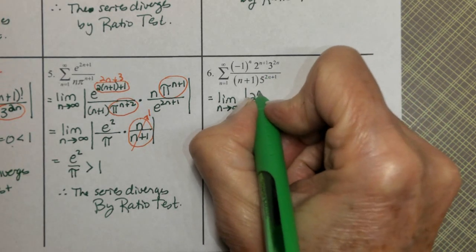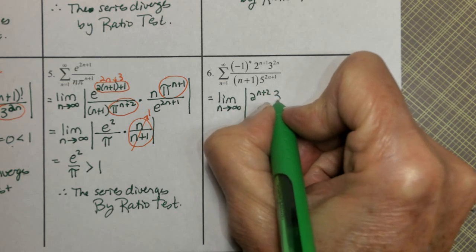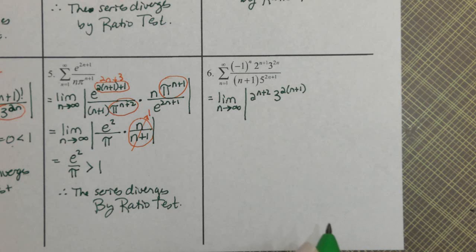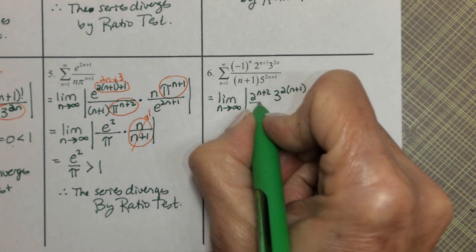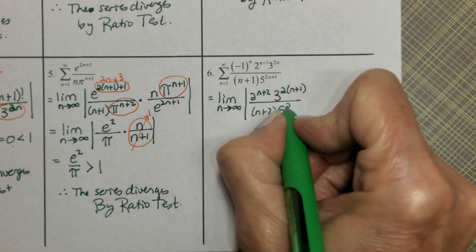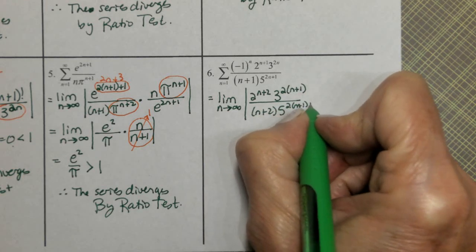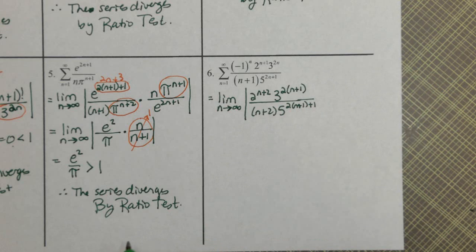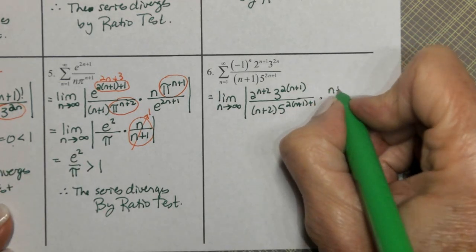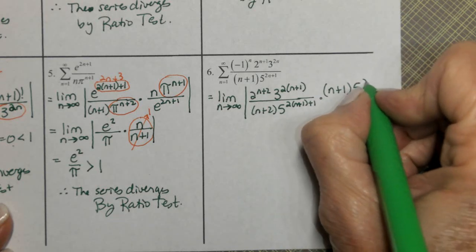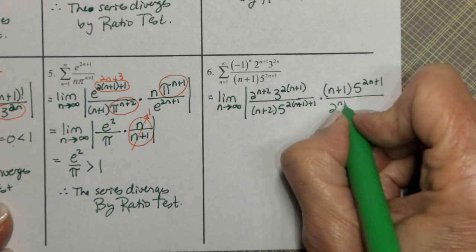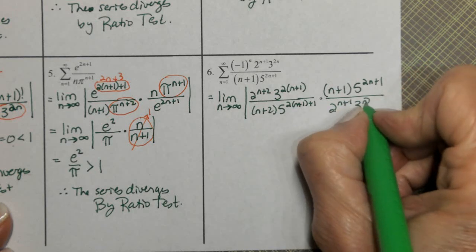So 2 to the n plus 2, 3 to the 2 times n plus 1, be careful with that, divided by n plus 2, 5 to the 2 times n plus 1 plus 1, times n plus 1, 5 to the 2n plus 1, divided by 2 to the n plus 1, 3 to the 2n.